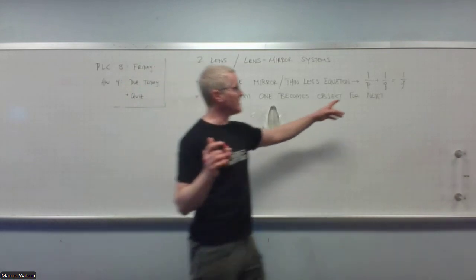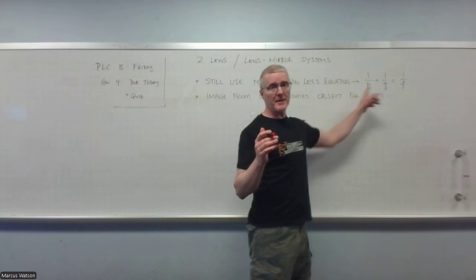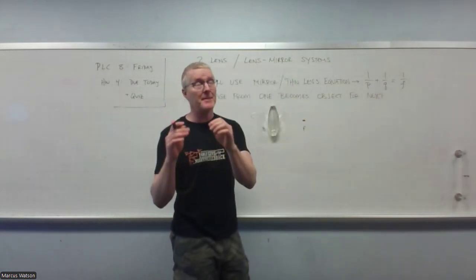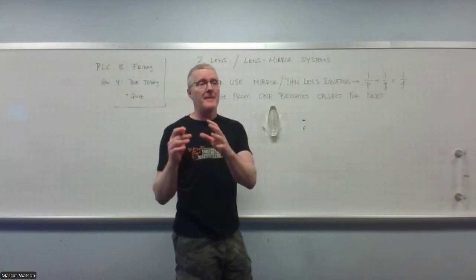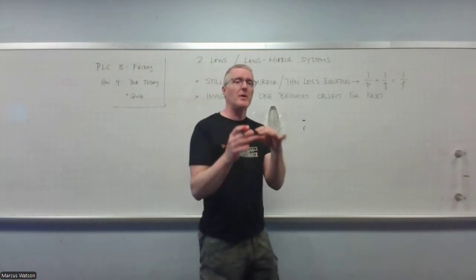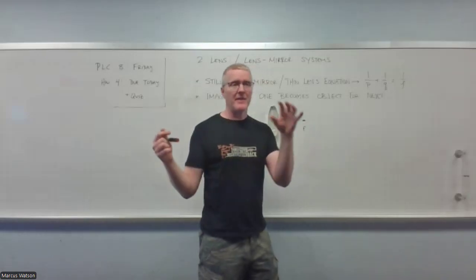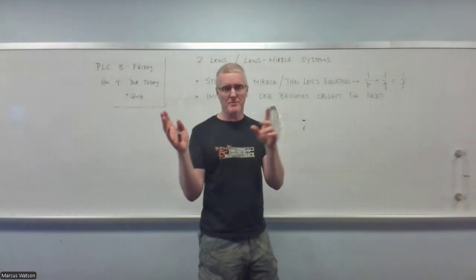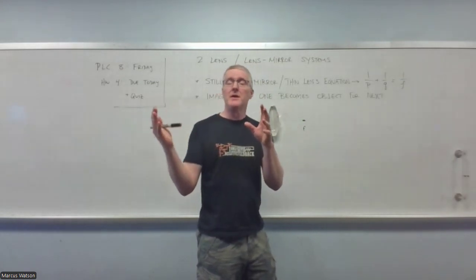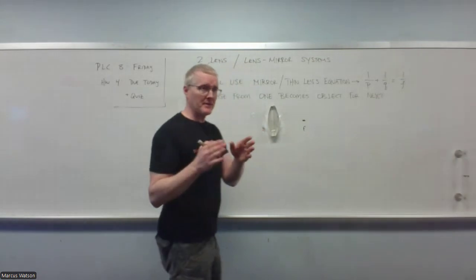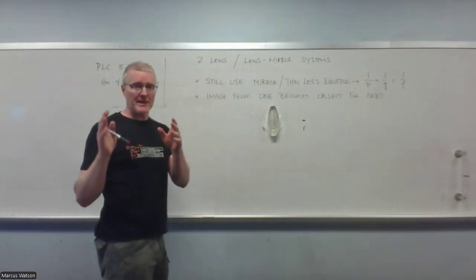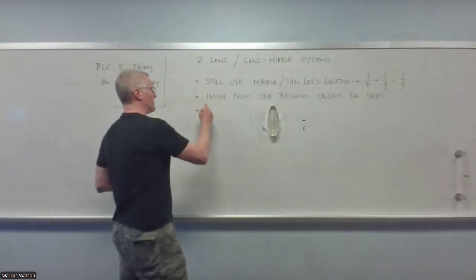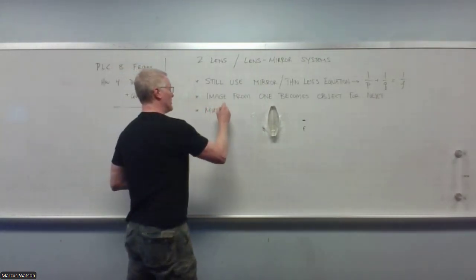So when I find an image from the first one and it becomes the object for the next one, I can find that magnification, then go to the next one and find its magnification. The overall magnification is the multiplication of the magnification from lens or mirror number one times that from lens or mirror number two. So we multiply magnifications to find the overall.